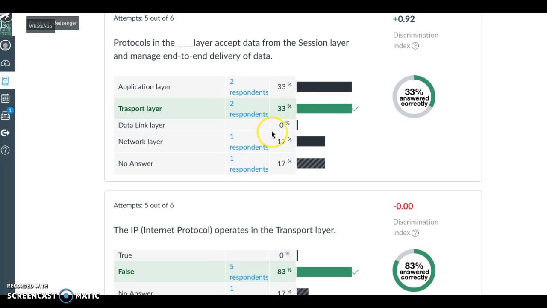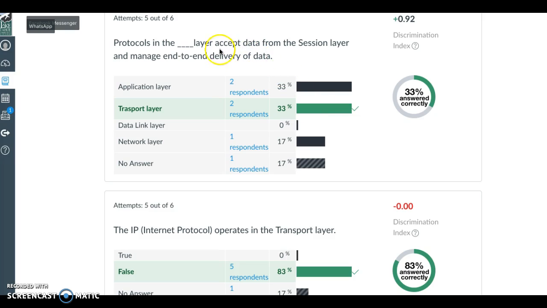It can't be data link. Well, nobody picked that one. Network layer, no, because that's layer 3, and the session layer is layer 5. So you'd have "All People Seem To Need Data Processing," and then the transport layer, and that's before the routing layer. So the transport layer is correct.